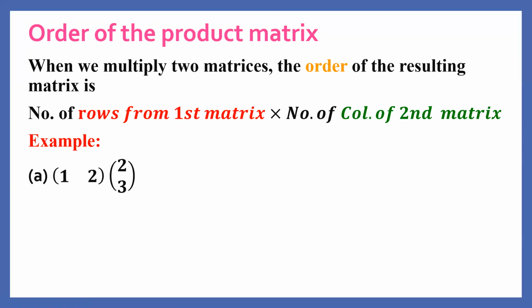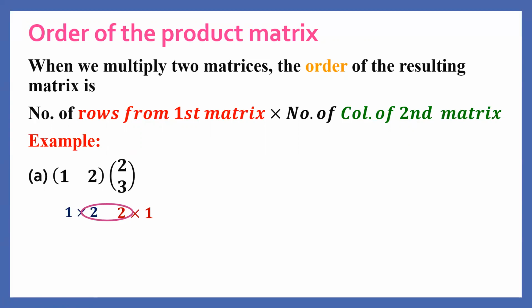We consider an example. So first, I need to check whether multiplication of these two matrices is possible. The order of the first matrix is 1 by 2. The order of the second matrix is 2 by 1. So these two are equal. This means that we can multiply the two matrices.